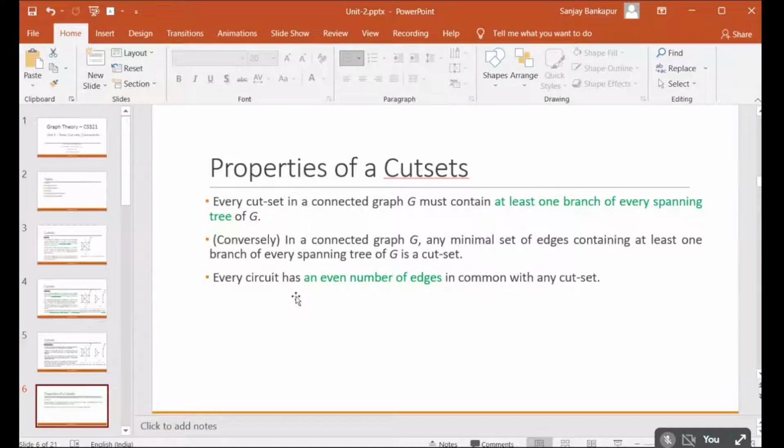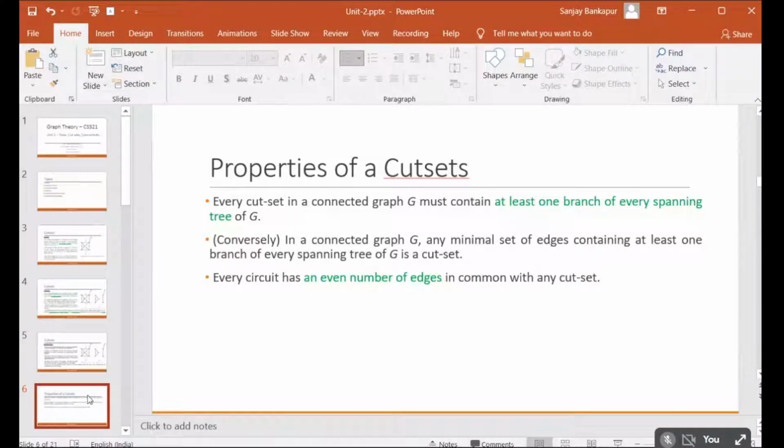A cut set is for a given graph, right? We haven't made any relation between a cut set and a tree, but one relation we made is that for any cut set of a given graph, there will definitely be one branch. That is the only relation we know as part of the cut set properties. So every circuit has an even number of edges in common with any cut set.